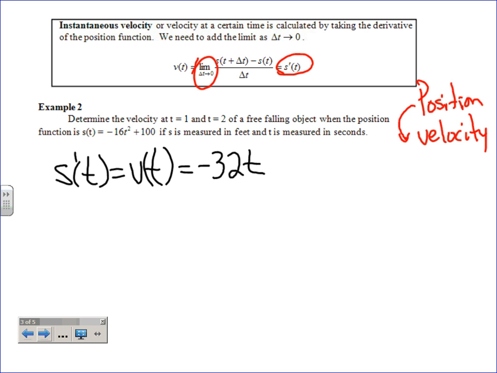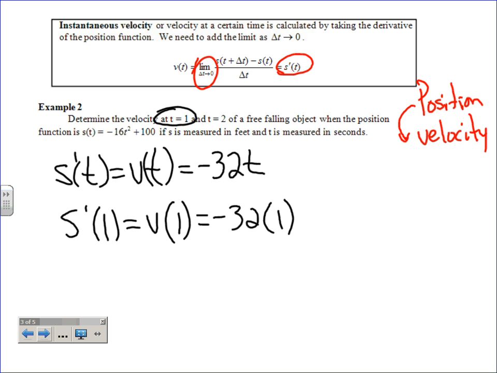All right, so now I need to know at time equal 1. So S prime of 1 is really what I'm asking, otherwise known as V of 1. I'm putting 1 in place of t. That's the time, right? So negative 32 times 1 is negative 32.